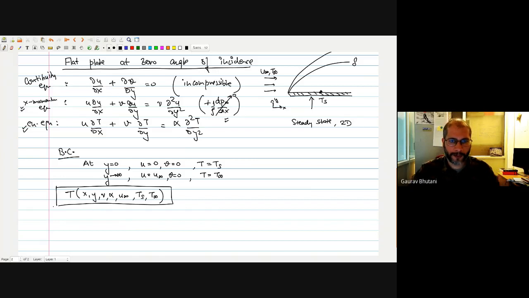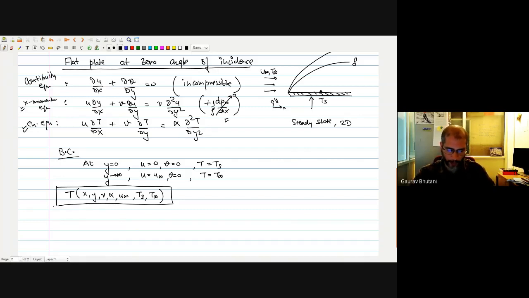So if I solve the system for a given set of parameters, and then all of a sudden I have to solve it again for a different plate temperature, then I may be in a problem, because then I have to develop a new functional form.